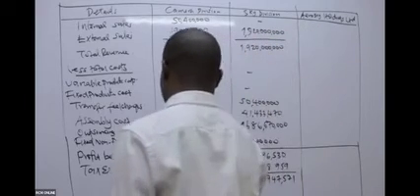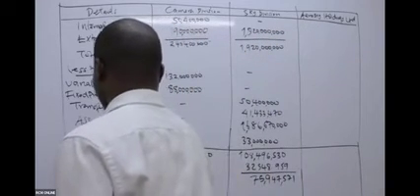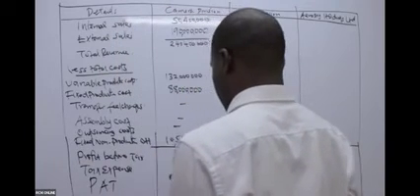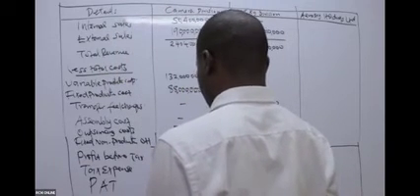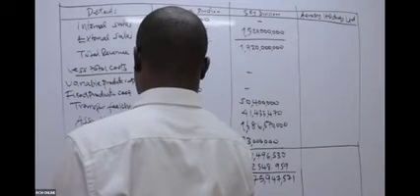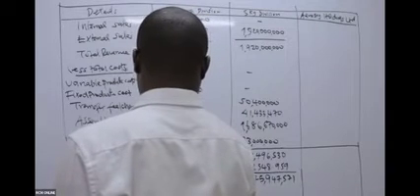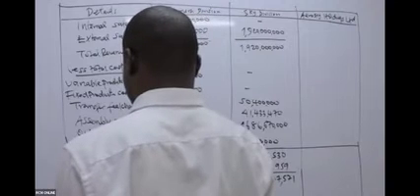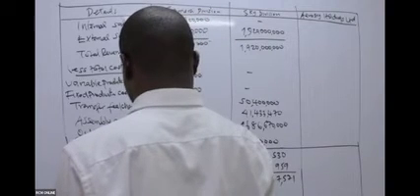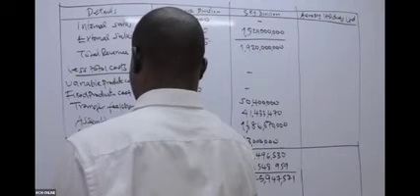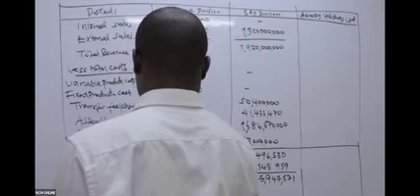How about this side? Profit after tax. Our tax will be 30% of 9840, which will be 2952. So we get the difference, which will give us 6888.